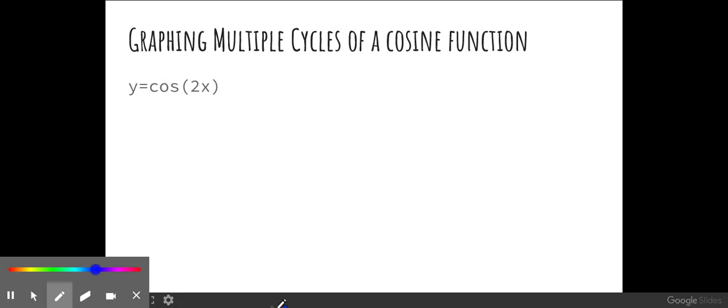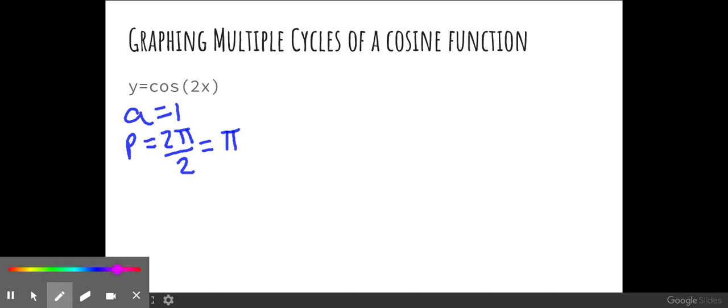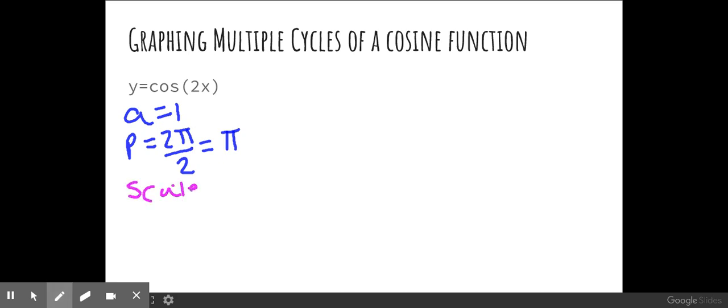We start with our info. So a here is 1 because there's not a number in front of my trig function. The period here is 2 pi over 2, which is just pi, which makes my scale pi divided by 4.